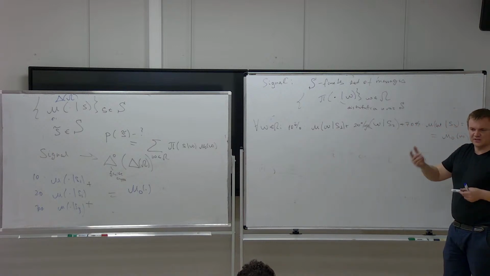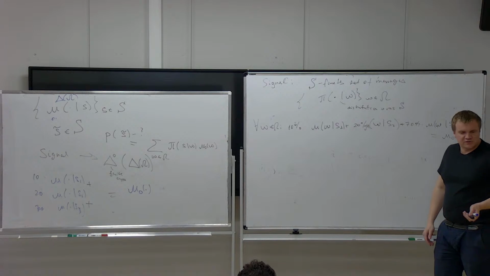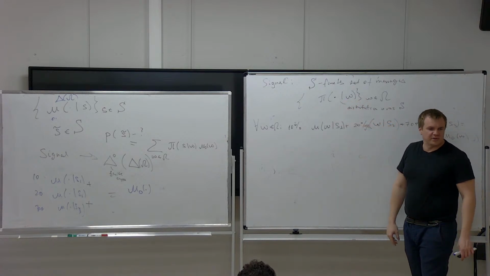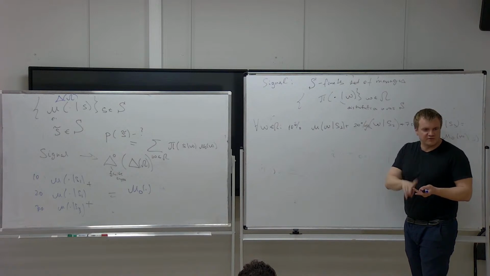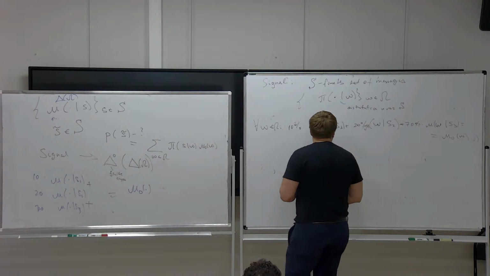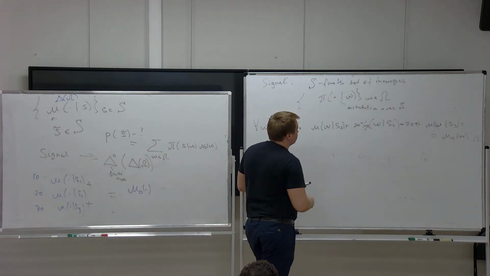I want to design a test. To design a test, I just need to specify, conditional on omega, the probability of me seeing S1, seeing S2, and seeing S3, right? But this is just simple.